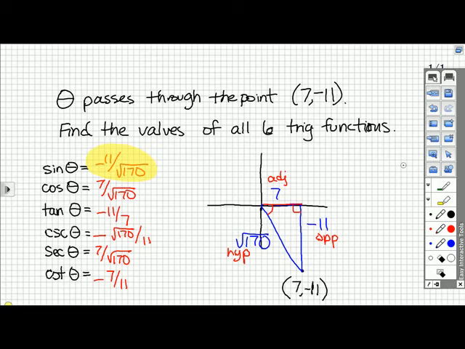If you were taking an SAT or some kind of standardized test, like a college entrance exam, they probably wouldn't give this as an answer choice, because generally you don't leave radicals in the bottom. You do something called rationalizing the denominator, which means no radicals down below. I wanted to talk about that a little bit because I'm not sure people remember, maybe from Algebra 3, how to do that.